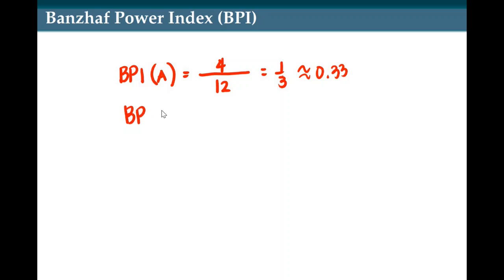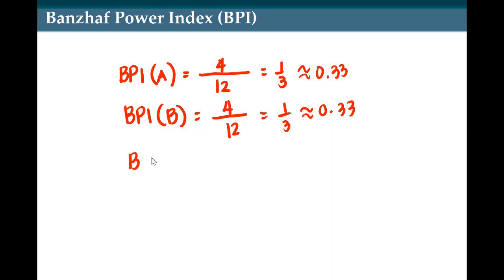The BPI of voter B is equal to, since voter B is a critical voter 4 times divided by the denominator 12, 1 over 3, or approximately 0.33.